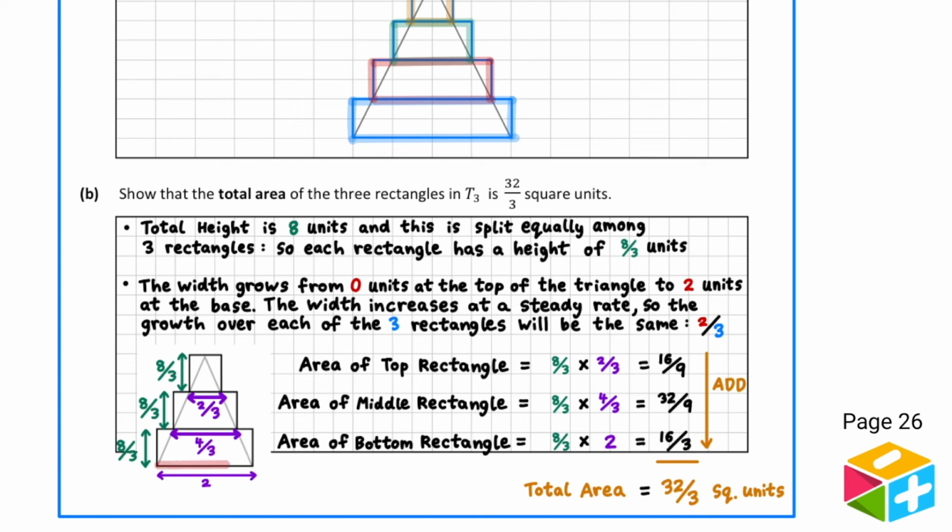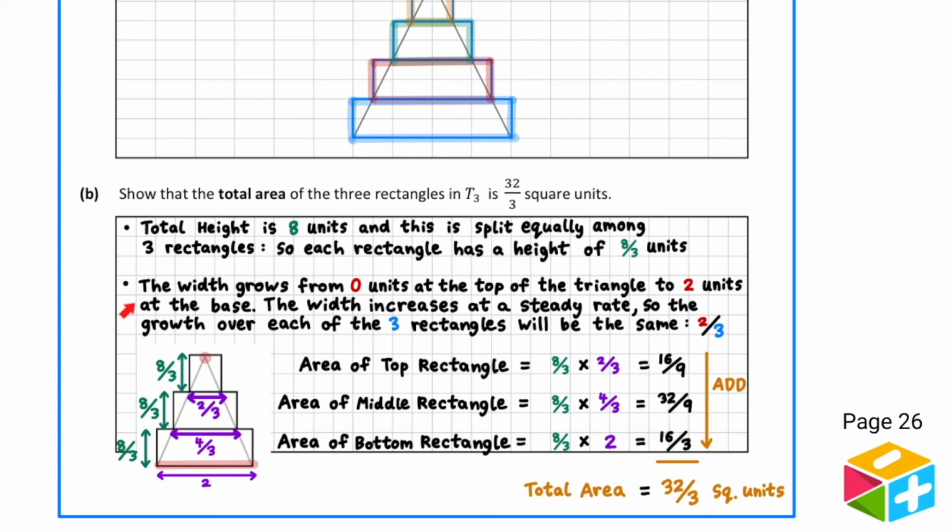At the bottom of the triangle, we have a width of 2. At the top of the triangle, we simply have a point. So here, the width is 0. So essentially, the width grows from 0 units at the top of the triangle up to 2 units at the base.